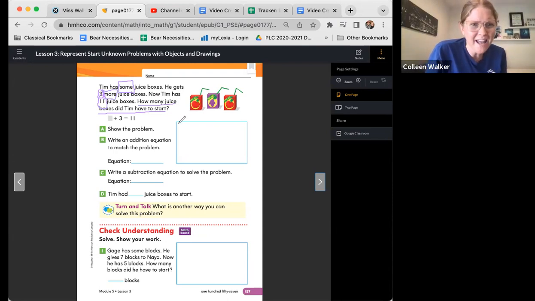Okie dokie. Now, we need to show the problem. So to show the problem, here we go. We have to do a drawing. So let's go ahead and draw some circles here. So we can go ahead and draw 3 juice boxes.